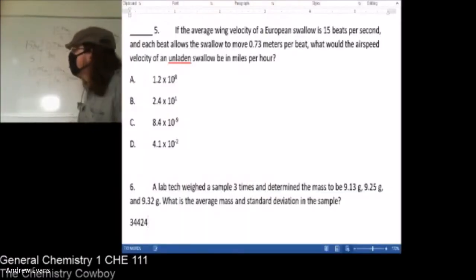We have 1.2 times 10 to the 8th. Let's think about it. That's like 120 million miles an hour. I don't think we have a supersonic cheetah bird here. So that one's right out. And 8.4 times 10 to the negative 9th.